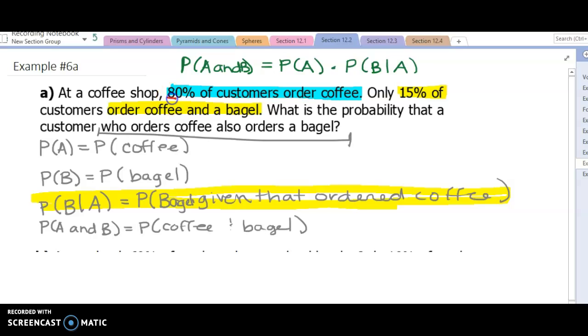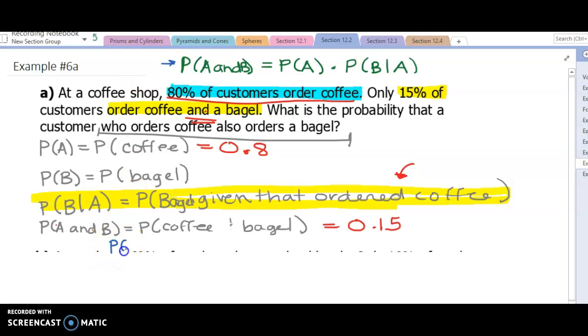At a coffee shop, 80% of the customers order coffee, so the probability they order coffee is 0.8. 15% of the customers order coffee and a bagel, so the probability of A and B is 0.15. We don't know the probability that they ordered a bagel given that they ordered a coffee; that's what we're trying to find out. So I'm going to use this formula right here.